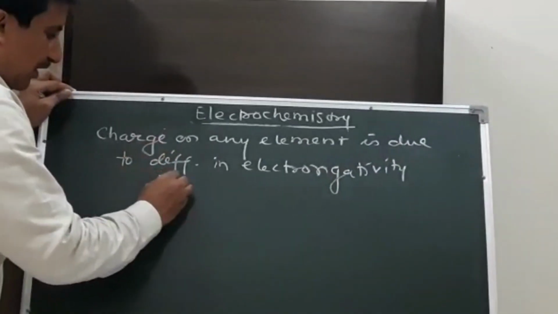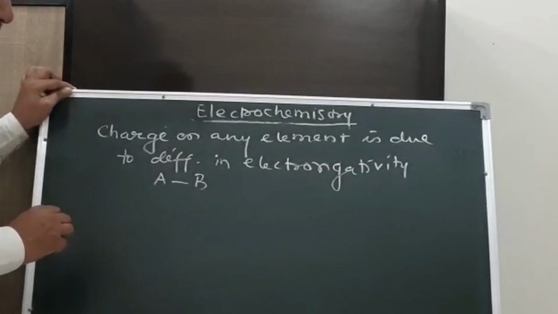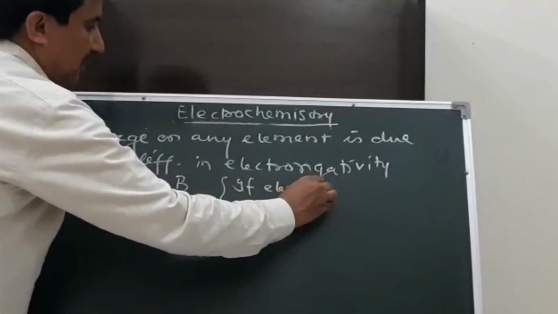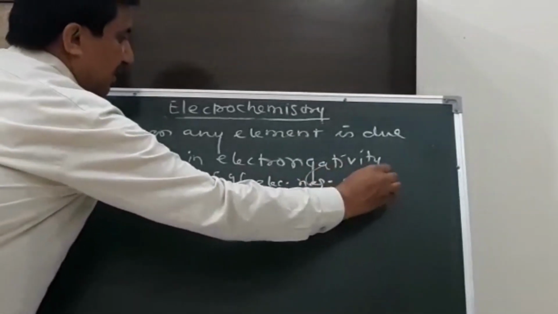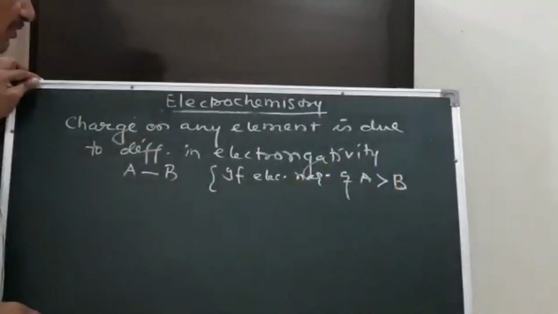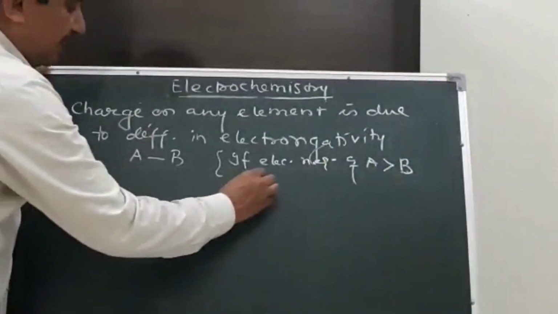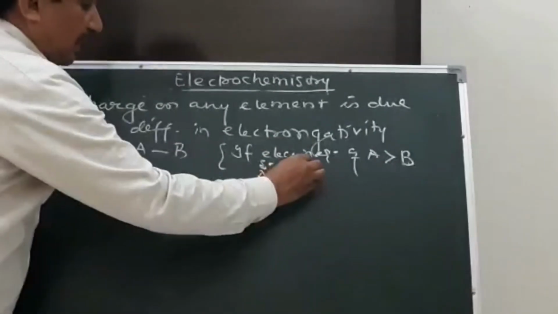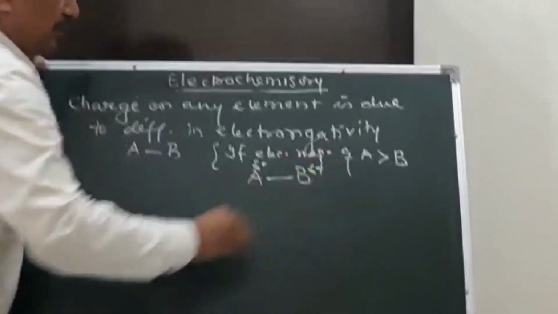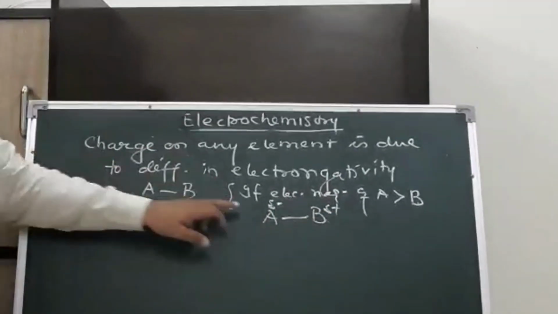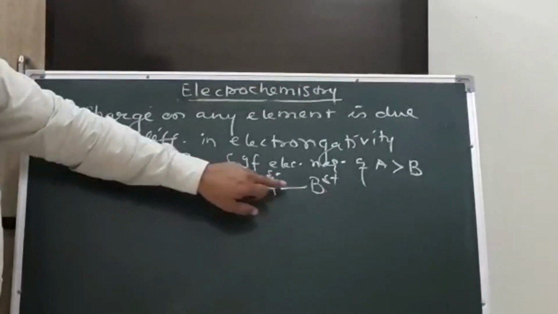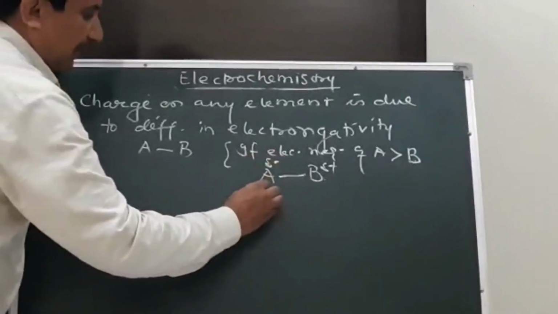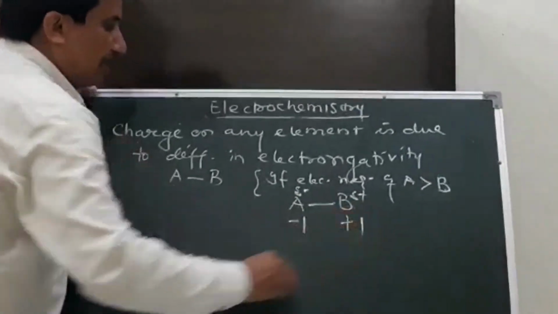Suppose there are two elements, one is A, another is B. Suppose the electronegativity of A is more than B, then what we can say is that A has pulled the electron towards itself and B is acquiring partial positive charge. Partial negative charge is over A and partial positive charge is on B. So this will acquire -1 and this will acquire +1 charge.